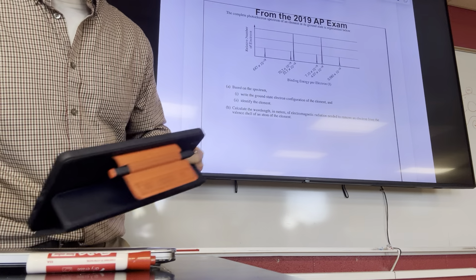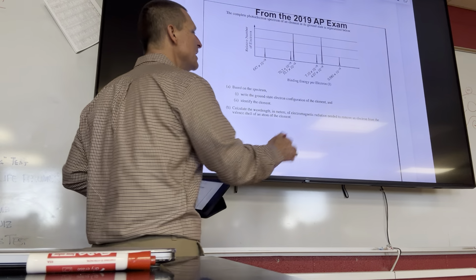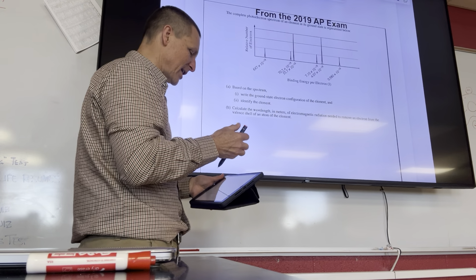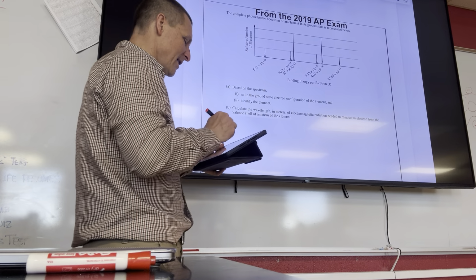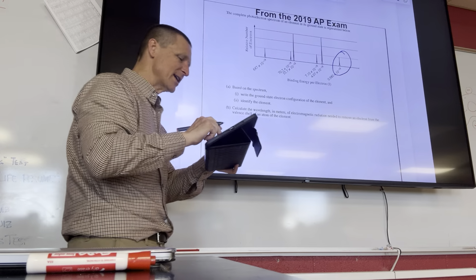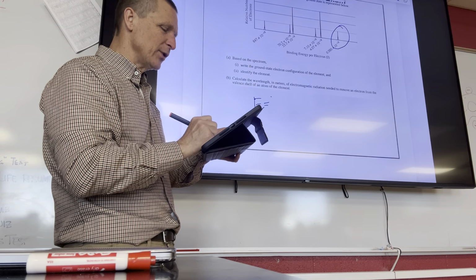Anyway, so what they're asking for is, what is the wavelength needed to remove an electron from the valence shell? We have to know where the valence electrons are. That's these. Oops, I used the wrong marker there. These are the valence electrons. So we know the energy involved in removing those electrons, and therefore on the equation sheet it has E equals h times nu.